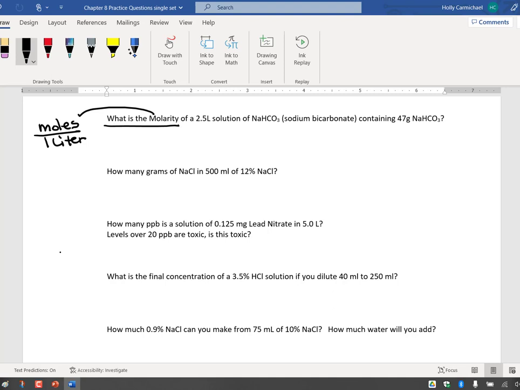I see grams, but I don't see moles listed. If I know grams, I can go from grams to moles. Then I just take the amount of those moles and divide it by however many liters in that volume, and that's my molarity. So to go from grams to moles, what do I have to figure out?